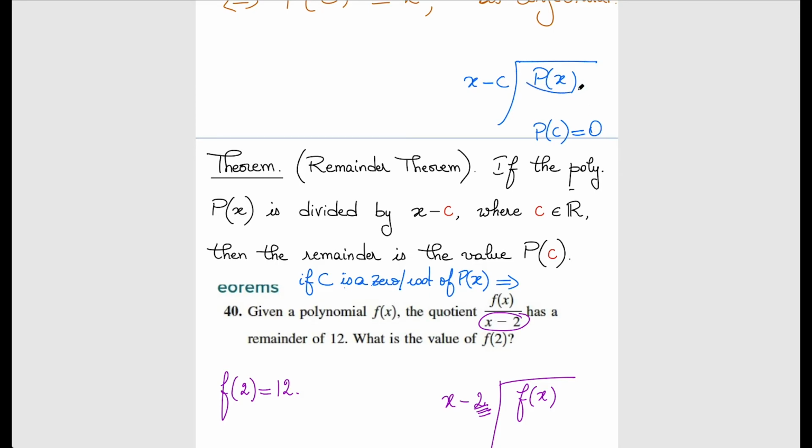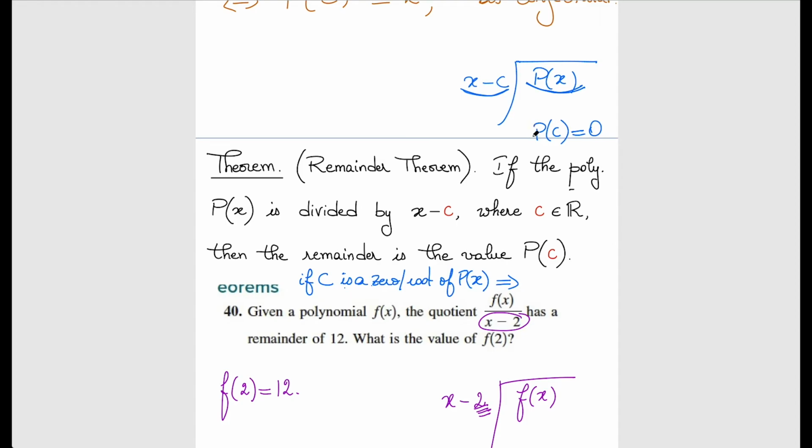Then p of x is going to be a multiple of x minus c, or equivalently, x minus c is a divisor of p of x, because I get a clean remainder, which is 0, right? So anytime we have a remainder 0, we say that this divisor divides, or is a factor of, this dividend, right?